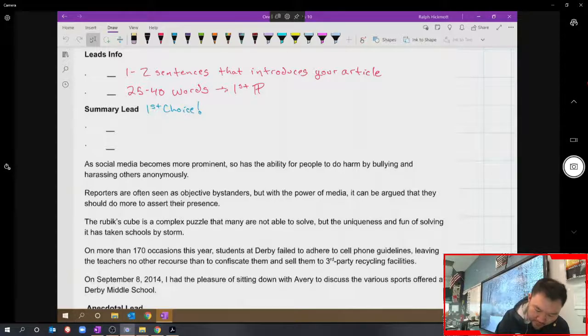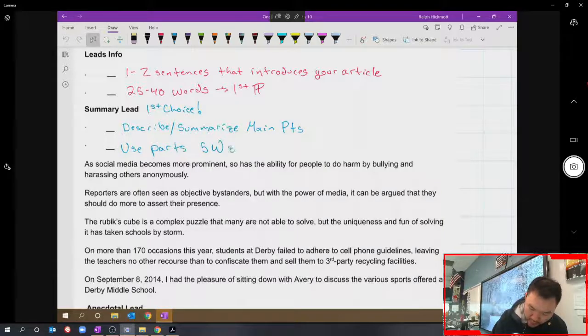So here's what a summary lead does. It describes or summarizes, exactly as the word states, summarizes the main points. And additionally, you often use parts of the 5 W's and H, what we have discussed earlier this year when we discussed the aspects of interviewing.